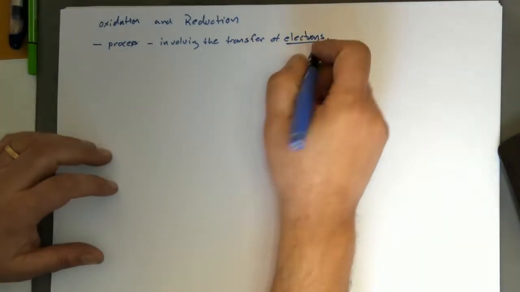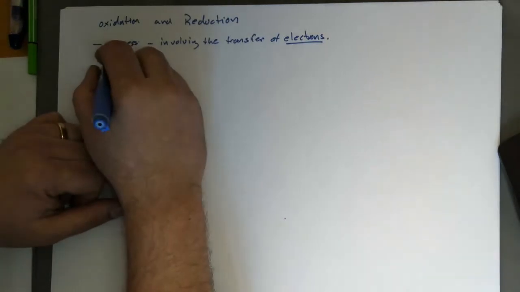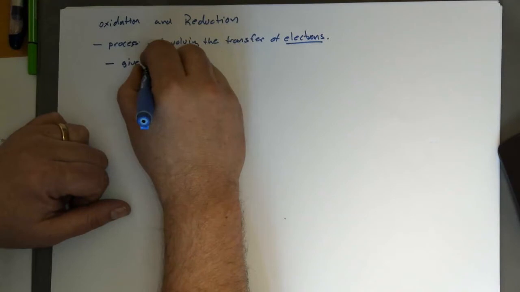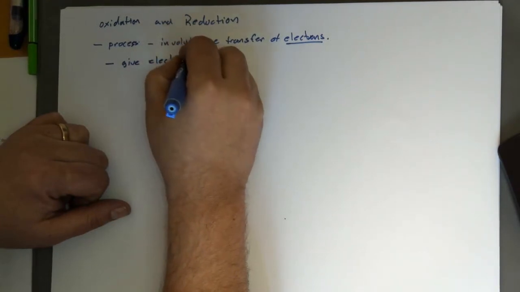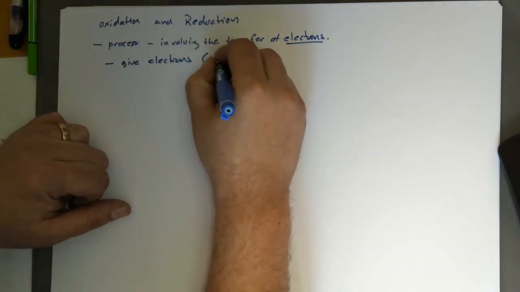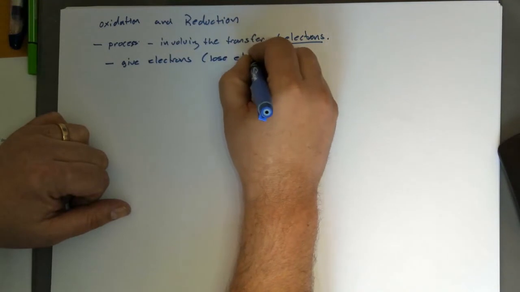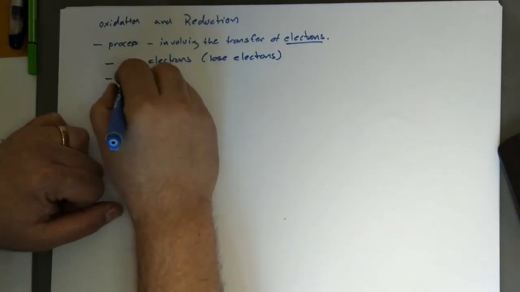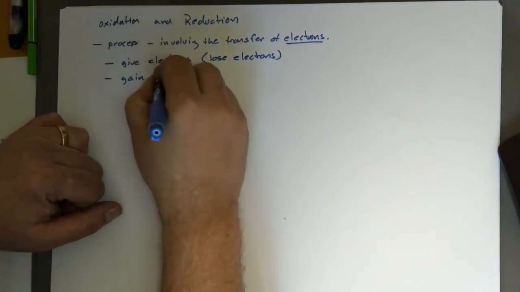So if you have a transfer of electrons, then you have to have something that is willing to give electrons or lose electrons, and you have to have something that is willing to gain electrons.